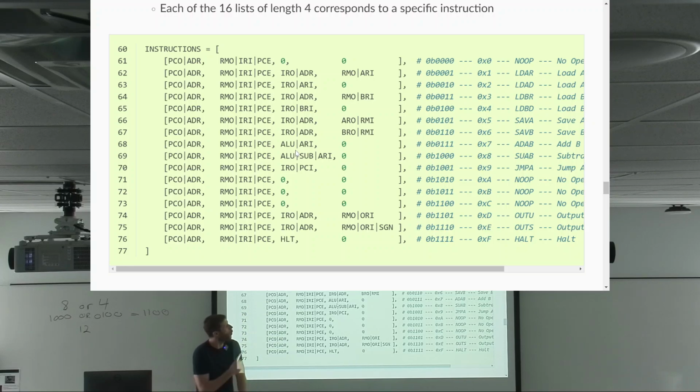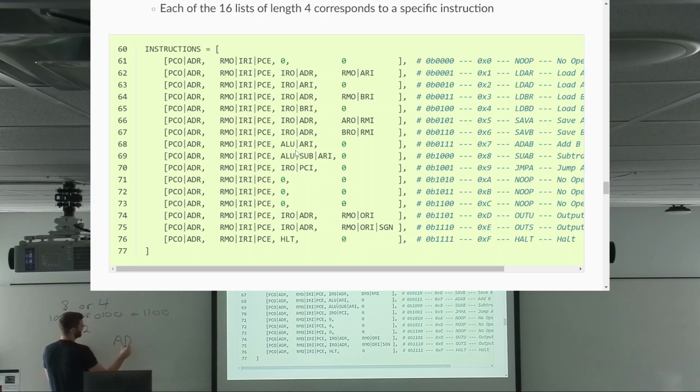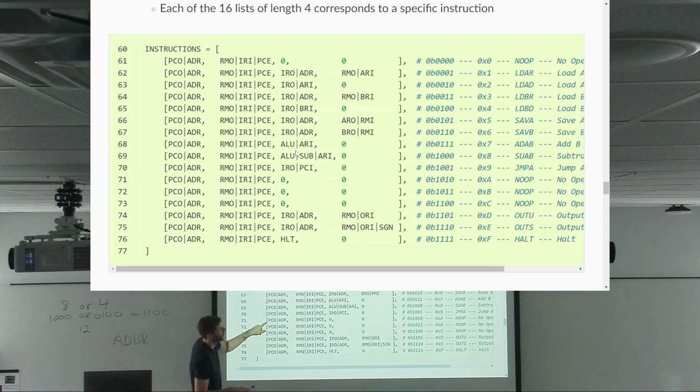Ignore this. How would I say add B to RAM? I don't know, whatever I'd call it. Let's say I created a new instruction that goes into here, 1010, the 10th instruction. Right now it's a no-op, so we can put whatever we want in there.